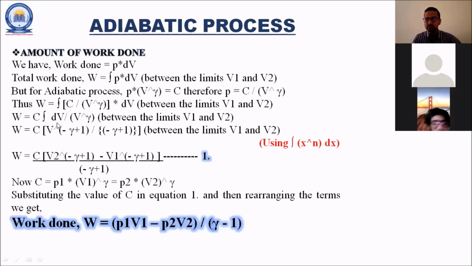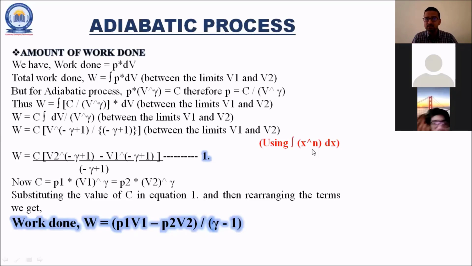So C integration of dV divided by V raised to gamma between the limits V1 and V2. For this integration, I take the rule of integration of x raised to n dx, whose answer is x raised to n plus 1 divided by n plus 1.